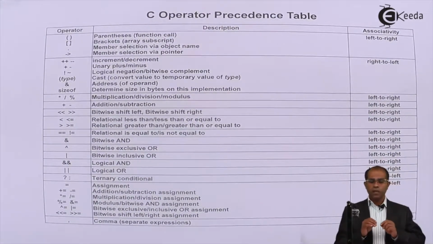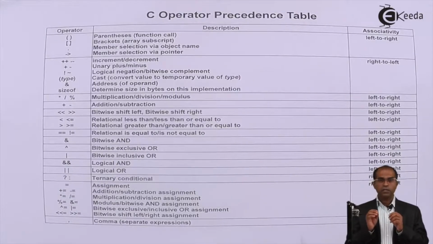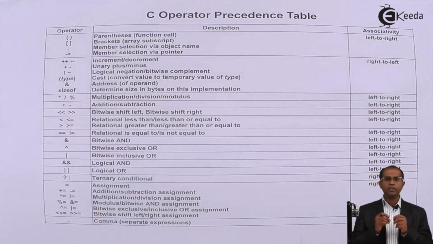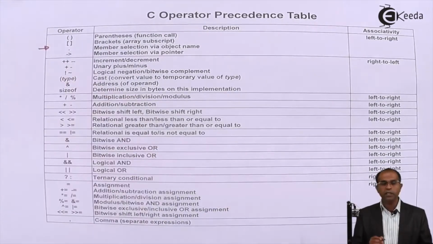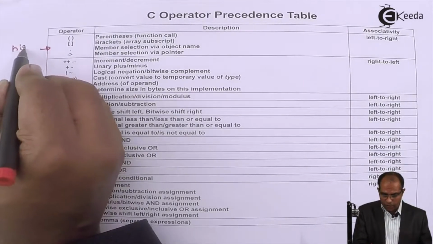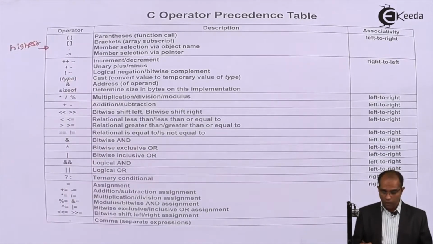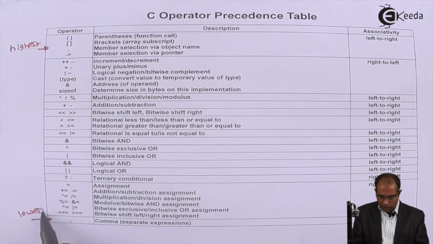Now this table helps us understand the C operator precedence. The table illustrates the hierarchy of operators and their associativity. Here the operators have been identified as per the hierarchy. The first section of operators, classified in the first block, is the highest, and the last section of operators is the lowest.